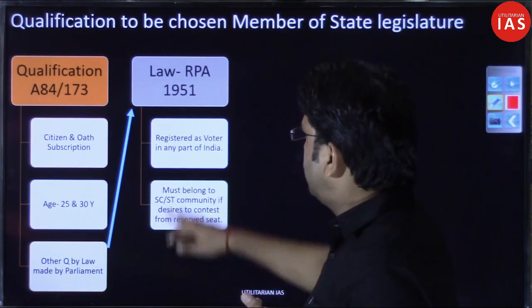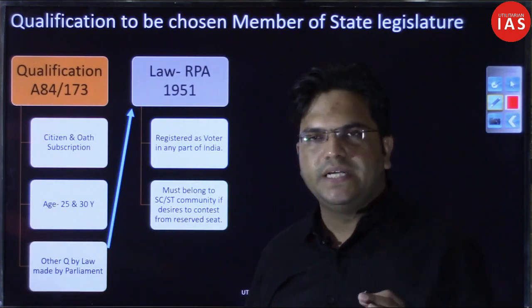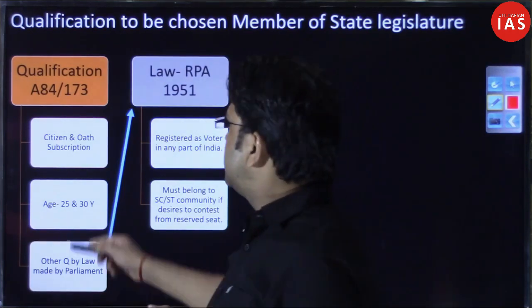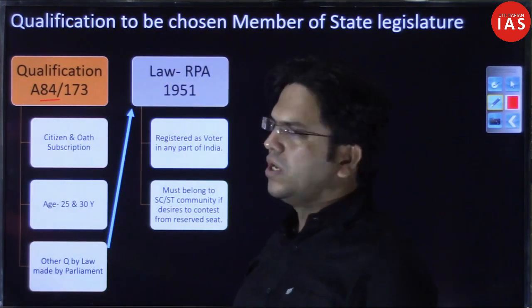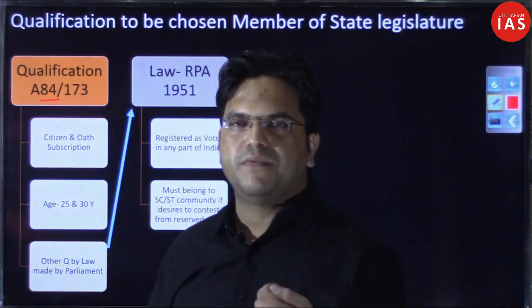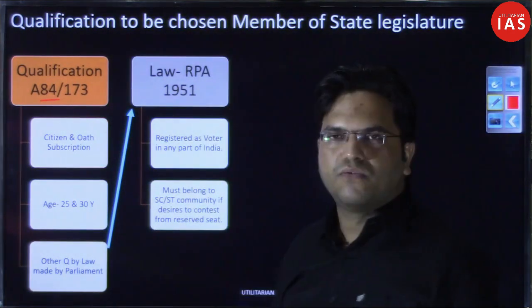We have already studied all these qualifications in the Parliament chapter. Under Article 84, if any person wants to contest for Lok Sabha or for the Rajya Sabha, he needs to have these qualifications.